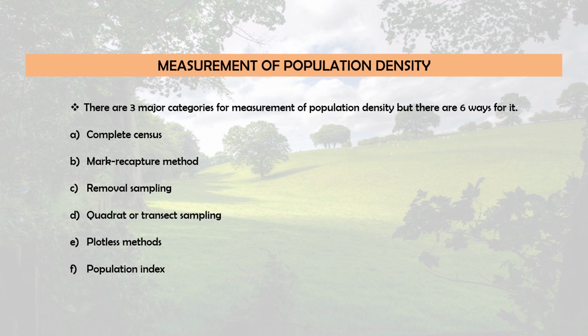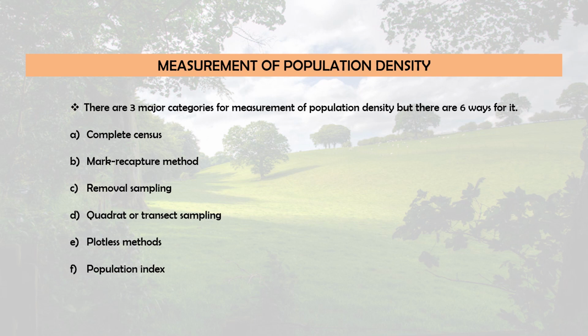Now, there are some ways to measure the population density. There are three major categories: when the population is easily seen; when the population cannot be seen with our eyes, but there are some methods to capture those measurements; and the population index.